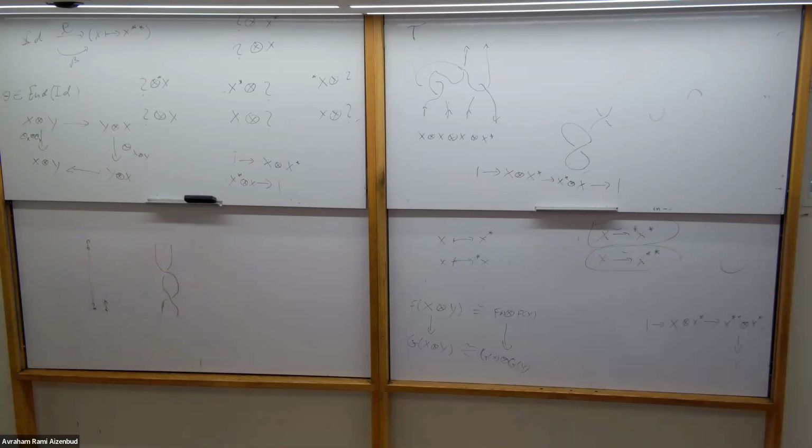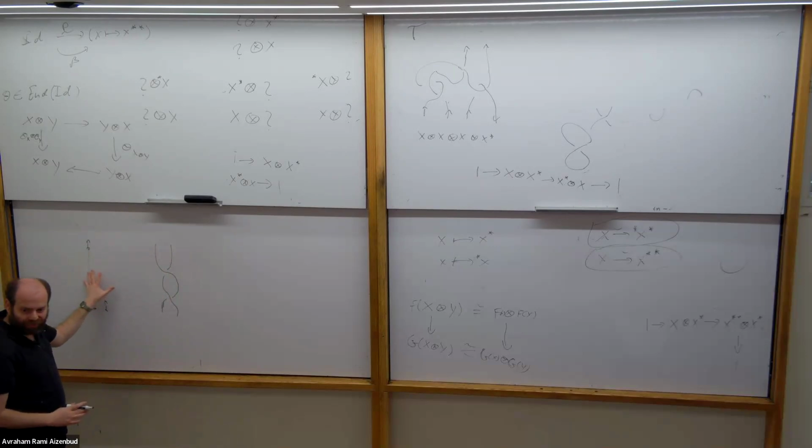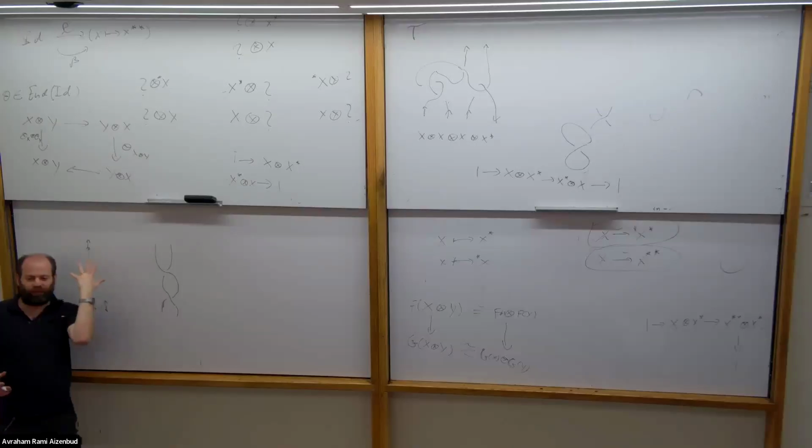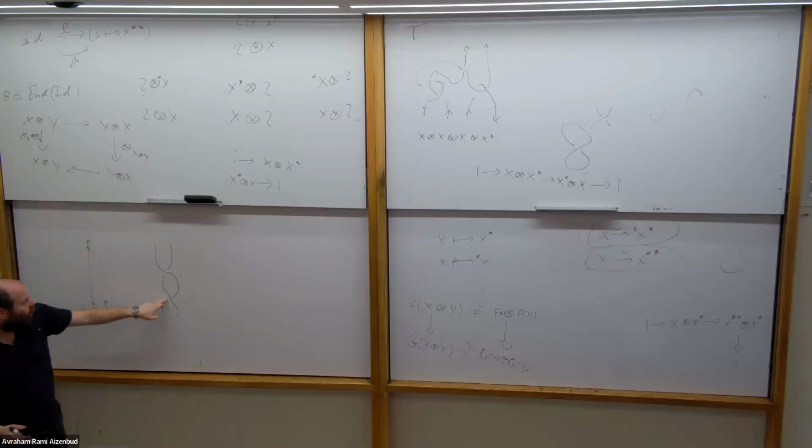So you rotate 2 pi, 360 degrees, but you rotate the entire two strings. You start with this, and now maybe it's good to explain why it's called twist: you do a rotation by 360 degrees and then go up. So you get twice the braiding.